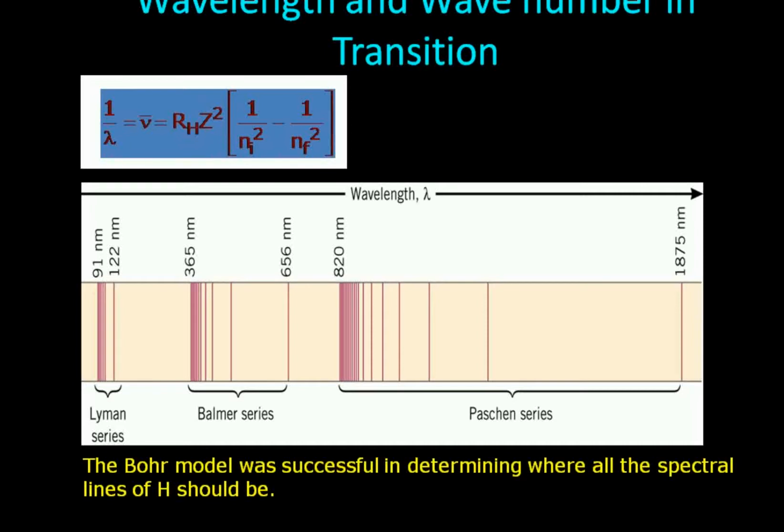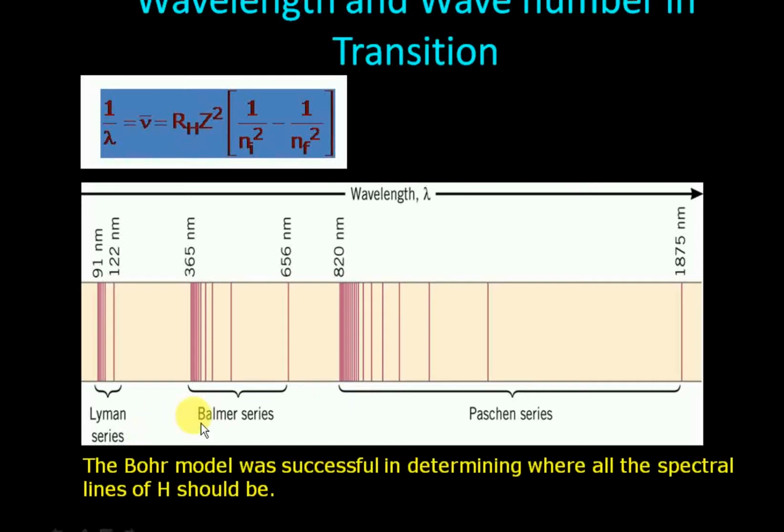And in Paschen series, the wavelength of radiation is found from 822 nanometer to 1875 nanometer. The Bohr model was successful in determining where all the spectral lines of hydrogen should be.